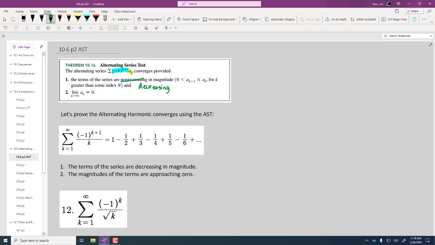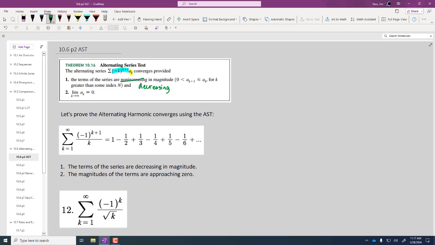So 1, 1/2, 1/3, 1/4, those are decreasing in magnitude. And the limit is 0. Done. So if the terms are decreasing in magnitude and the limit is 0, done.